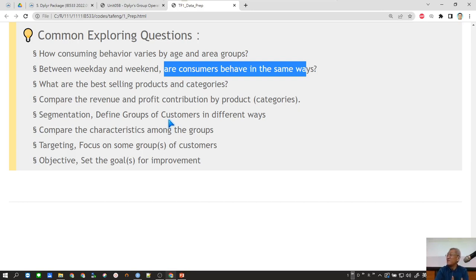Now you have customer data. Now you have transaction data. Now you have item data, right? So product-wise, what can you see? Customer-wise, what can you see? Try to use the techniques that you have learned in the car stolen case. Try to use the techniques that you have learned in the census cases, right?